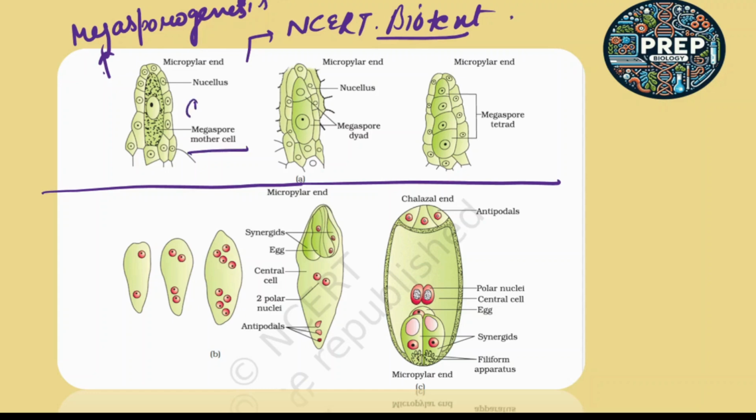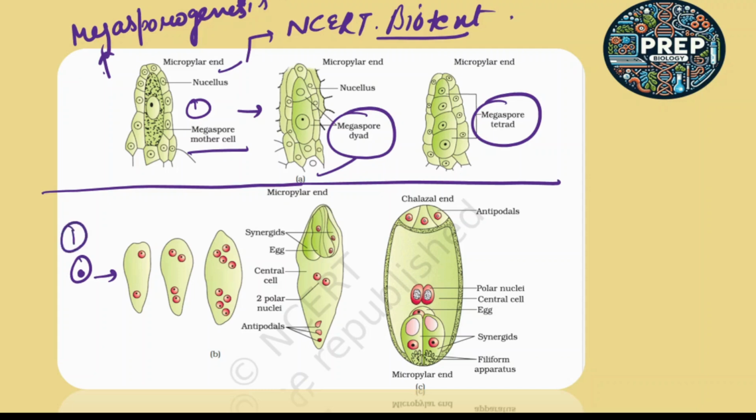We have one megaspore mother cell at the micropylar end. Meiosis will occur, it will divide into 2, that is the megaspore dyad, and then another meiosis occurs, then the megaspore tetrad will form. Out of 4 cells, 1 cell will be functional, and from one megaspore the development of the female gametophyte occurs. That development is called monosporic development.